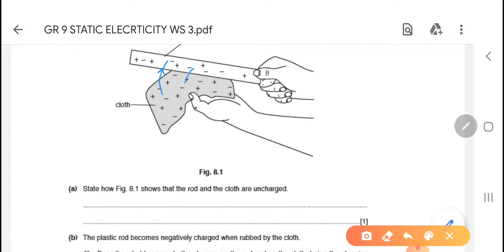So some of the electrons in the cloth are transferring from the cloth to the rod. The rod is going to gain excess negative charges, extra electrons, and the cloth will lose some electrons. As a result, the cloth will become positive and the rod will become negative.